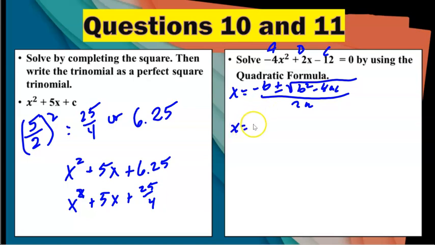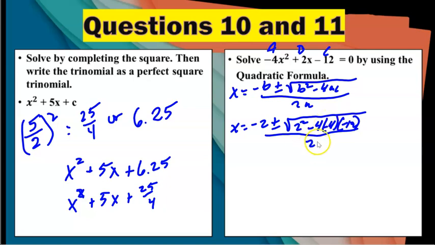I would now have negative b, so a negative 2, plus or minus the square root of b squared, so 2 squared, minus 4 times our a, which is negative 4, times our c, which is negative 12. Divide that all by 2 times negative 4.